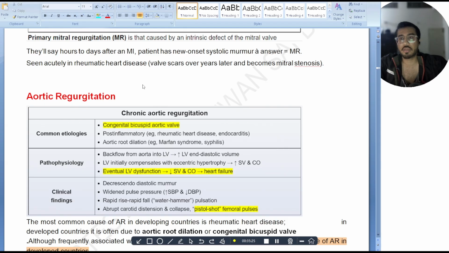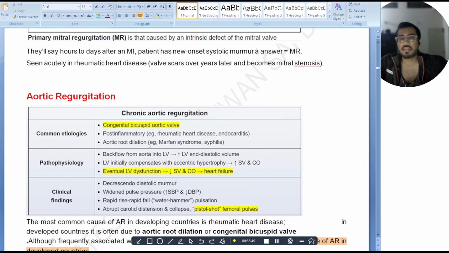It's a congenital bicuspid aortic valve. The bicuspid valve is not competent enough, so it leads to aortic regurg, and after calcification it turns into aortic stenosis. Rheumatic heart disease also leads to aortic regurg, and then it follows with aortic stenosis. Ten years prior to stenosis you'll have regurg. That is the usual timeline.